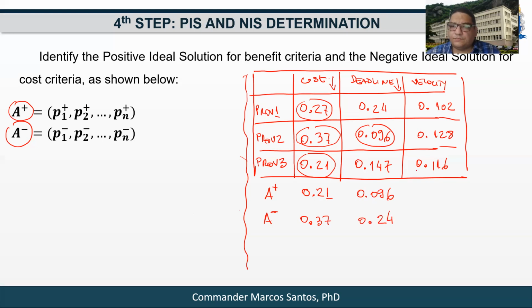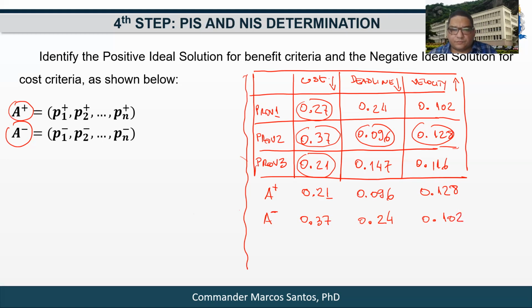Okay. And velocity is a benefit criterion. So I wish a higher velocity. So the best velocity is 0.128, and the worst is 0.102.